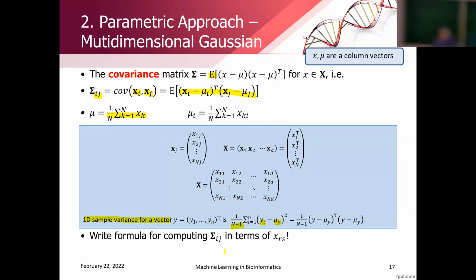Now, what is the size of the covariance matrix dimensions? D by D, because these are covariances between pairs of attributes. Okay, and I would like you to tell me how to write a formula for one element of the covariance matrix.